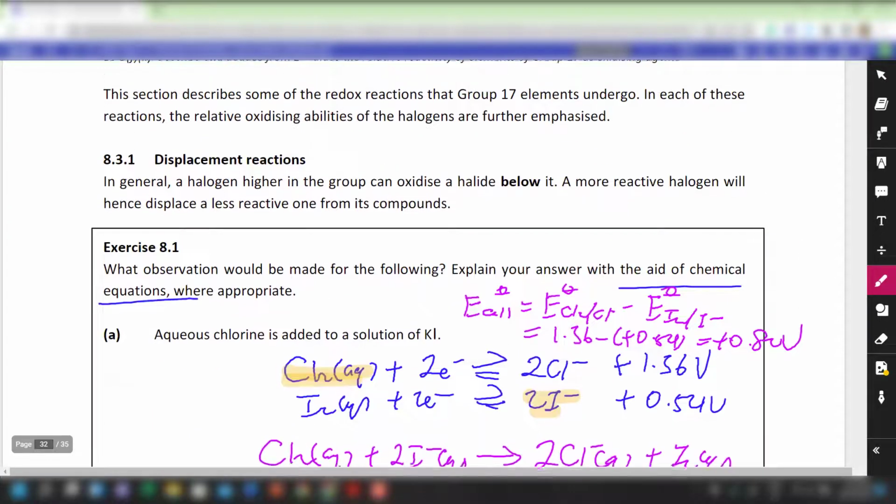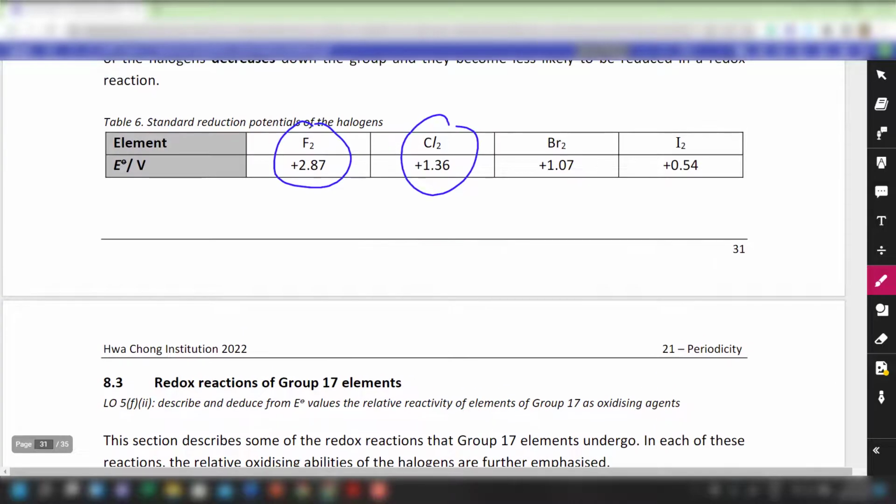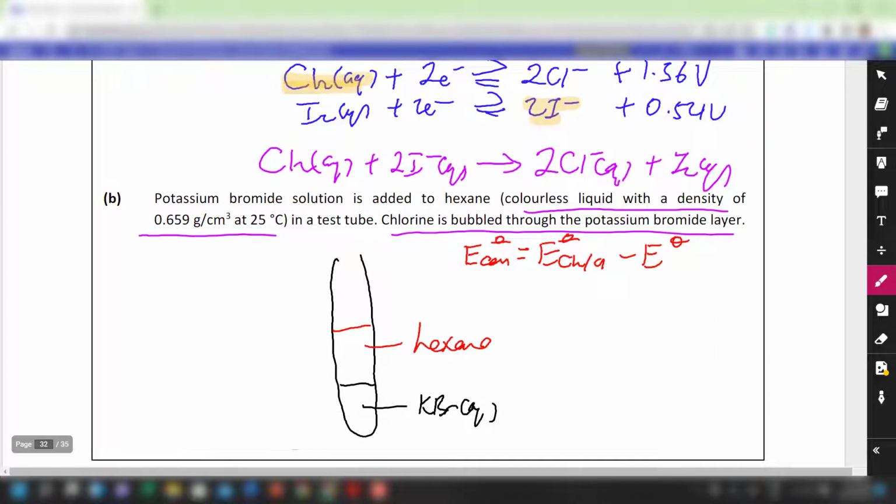The reduction potential of bromine/bromide is given here, which is 1.07 volts. So 1.36 minus 1.07 gives plus 0.29 volts. This is greater than 0 volts, so I expect the forward reaction to be spontaneous.